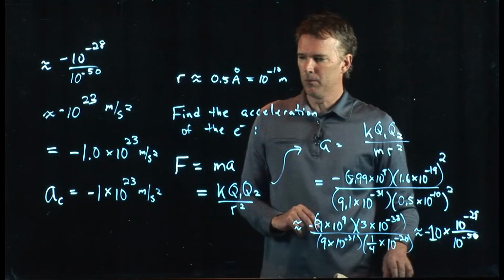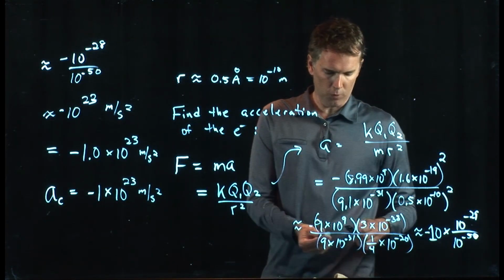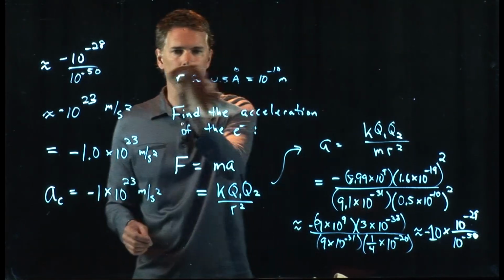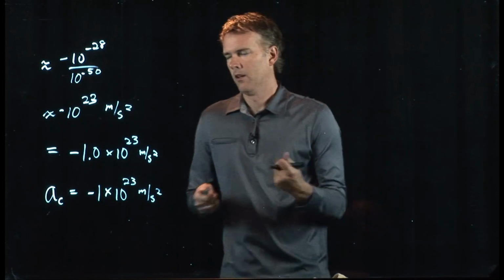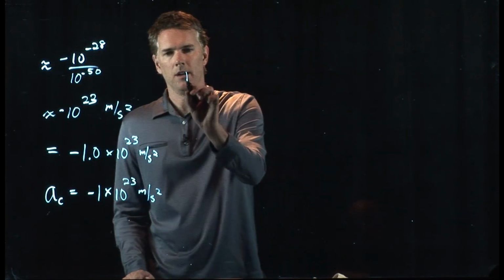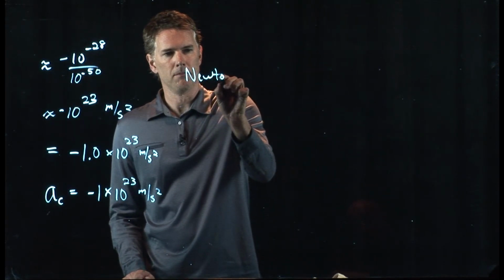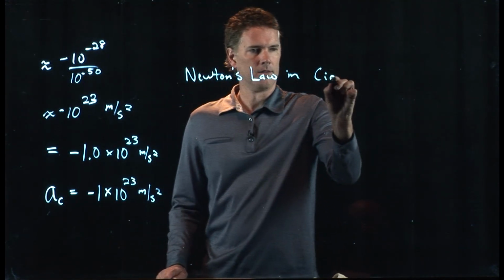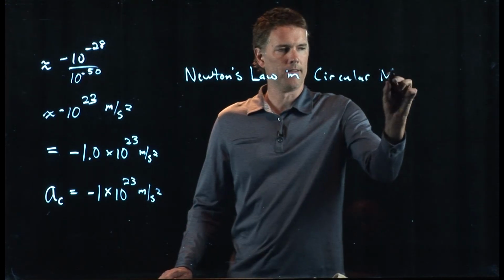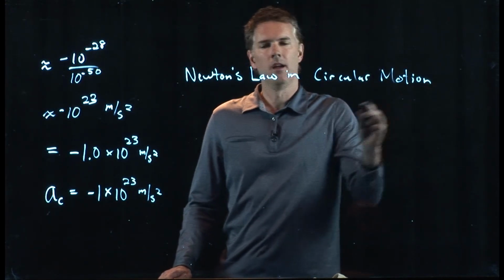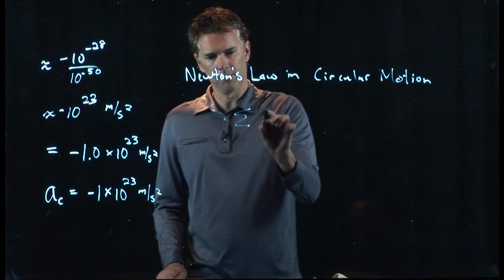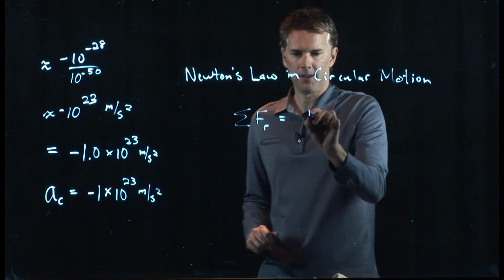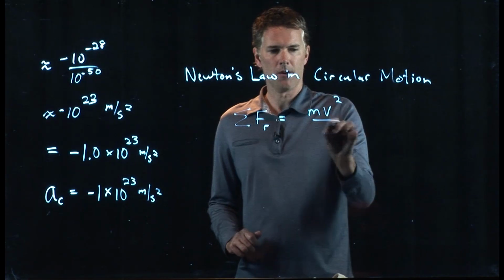What about the speed? We said that the electron is orbiting at speed v. What is that orbital speed? Let's calculate it. So, Newton's law in circular motion. What did we have? We had the sum of the forces in the radial direction have to add up to mv squared over r.